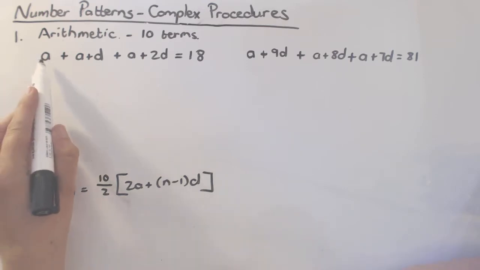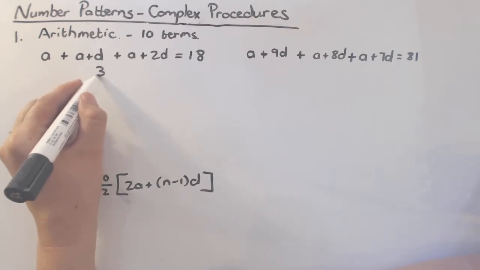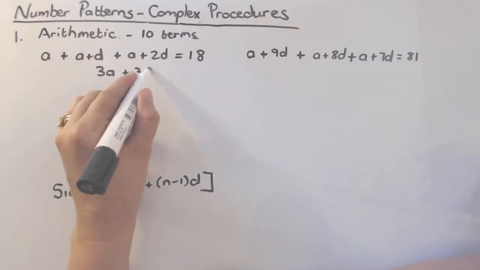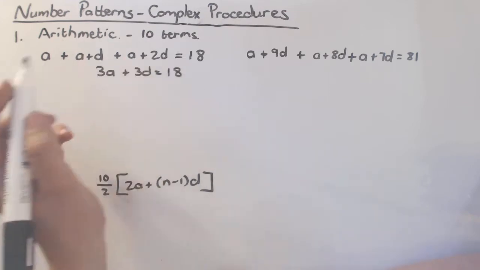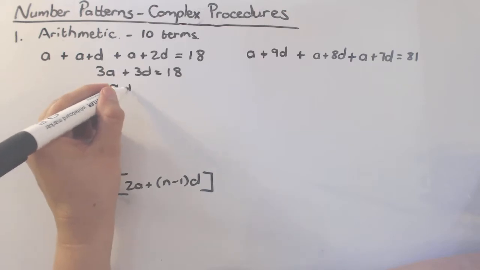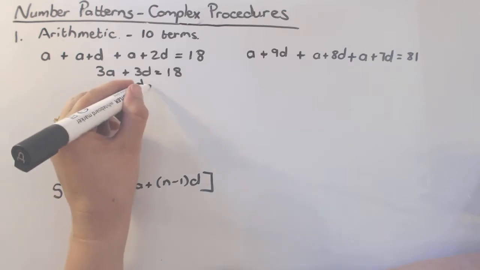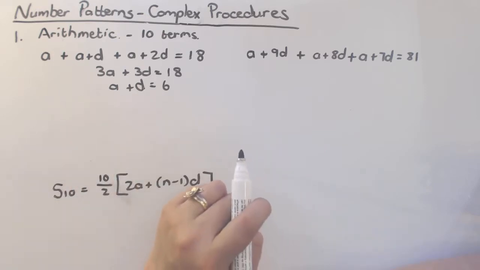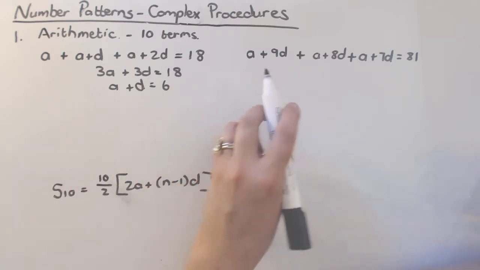All right, so this is a plus a plus a. There are 3 a's, and d plus 2d, there are 3 d's, is 18. This means if I divide by 3 throughout, a plus d must be 6. Okay, there's nothing much I can do with that. Let's look at this.